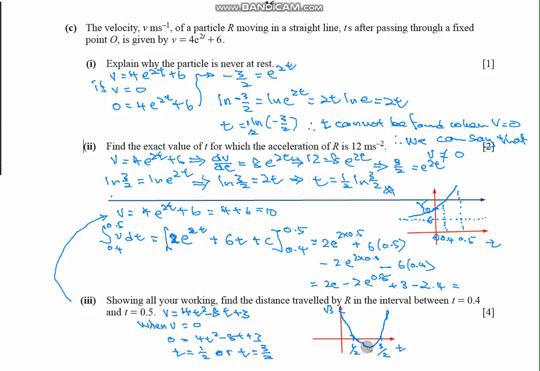Then as you travel along here in the opposite direction, when you reach a certain point, the velocity becomes positive again. That means you make a reverse. If you look at the number line here, let's say this is O. Let's say this is t equals 0.